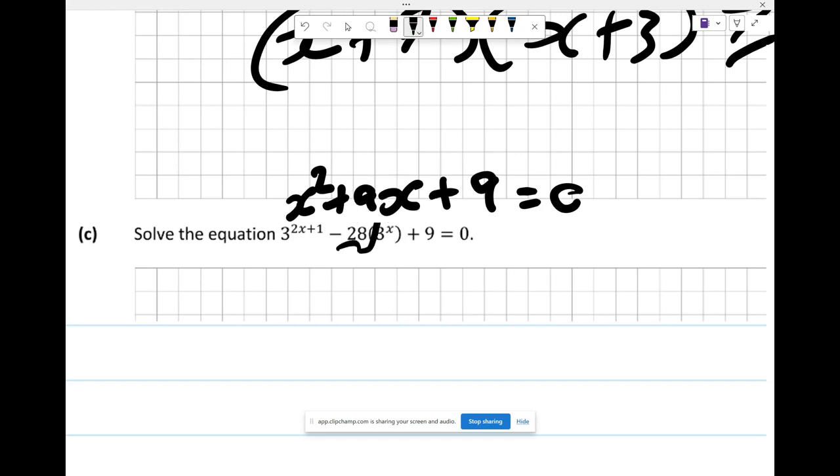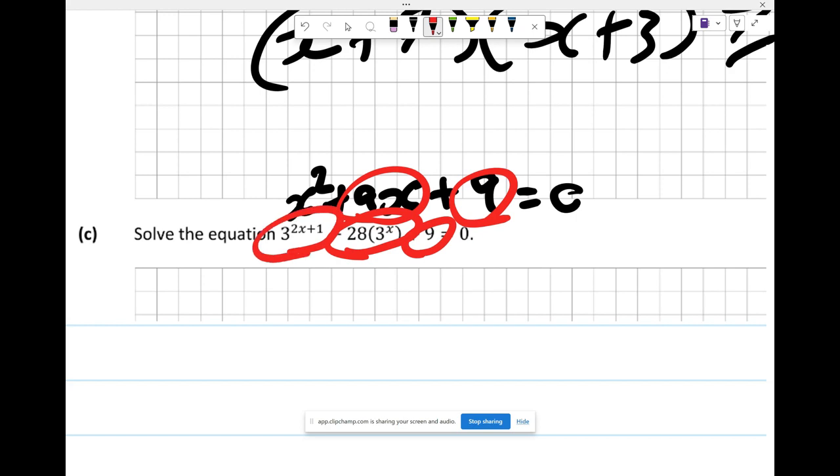Here we kind of have that. We have a 28 times something. And then here, it's just a bit complicated. We'll ignore that for a second. But what this might lead us to believe is that if we let x equal 3 to the power of x, then we're going to have something times whatever x we have, a constant, and then we can worry about turning this into some kind of x squared.